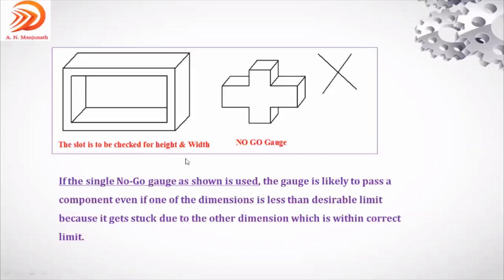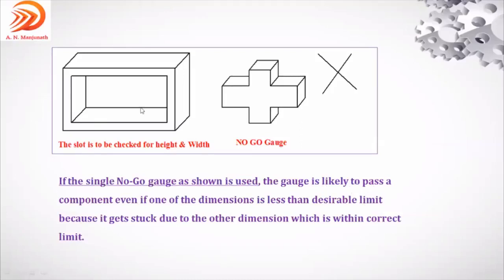This is the reason why the no go gauge should not check more than one element of a dimension at a time. If the single no go gauge is used, the gauge is likely to pass a component even if one of the dimensions is less than the desirable limit.